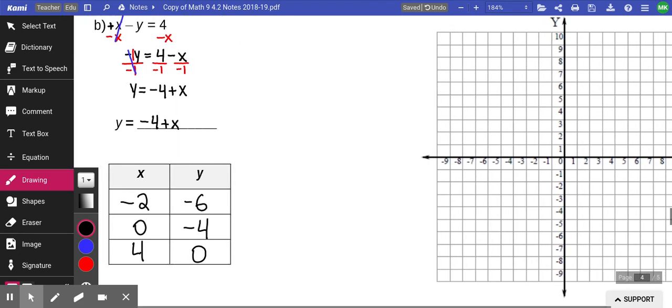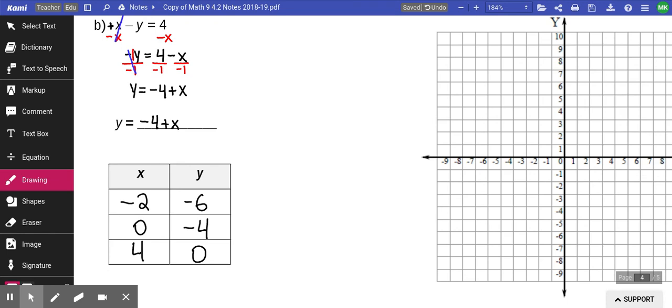And then I could graph those 3 points. So I have -2, -6 way down here. And I have 0 and -4, right there. And then I have 4 and 0, which is over there.